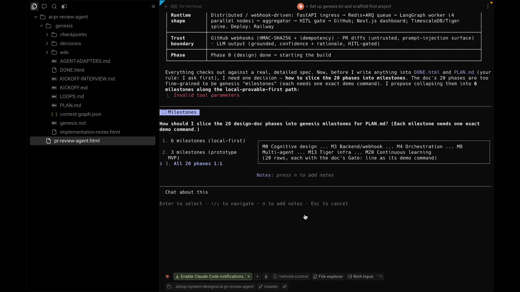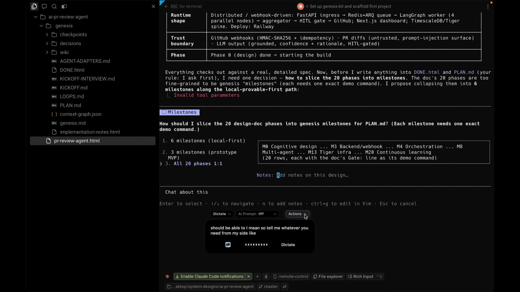So now it says for every phase, we want to have each of the nodes. So I would really like to do something of this kind. Tell me whatever you need from my side, like something you need, keys from a GitHub webhook and probably Tiger Cloud keys and whatever else you need.